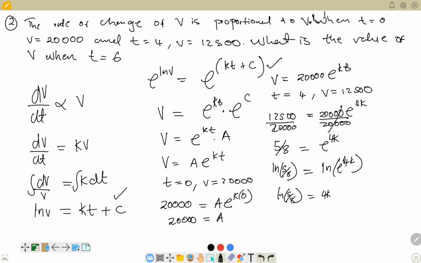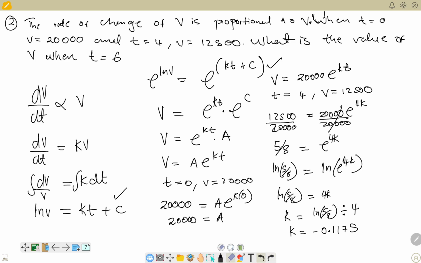It's just going to be 4k at the end. And then when we solve, k is equal to ln 5/8 divided by 4. We get that k is equal to negative 0.1175. So we have now found the value of k for our equation.